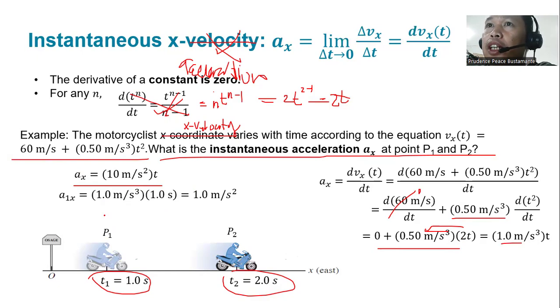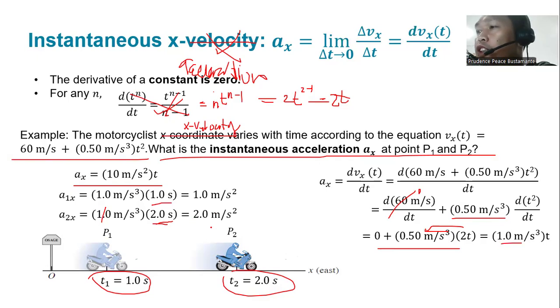If you want to find the acceleration at point P1, you just substitute the time, and you get 1.0 meters per second squared. Same goes for point 2. Substitute t equal to 2 seconds, then you have 2.0 meters per second squared.